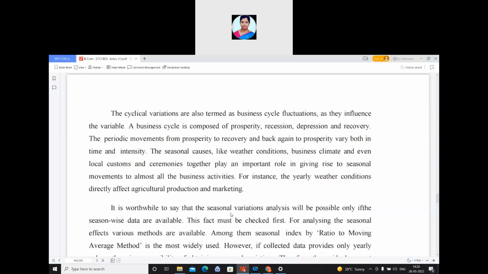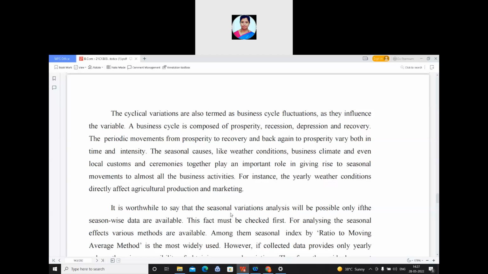So here we will see the cyclical variations. The cyclical variations are termed as business cycle fluctuations as they influence the variable. The business cycle is composed of prosperity, recession, depression, and recovery.